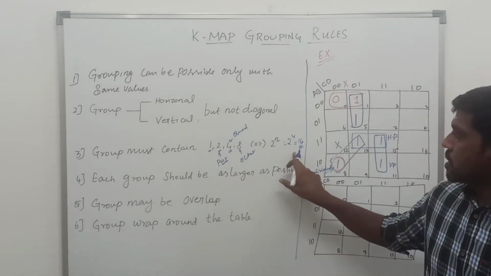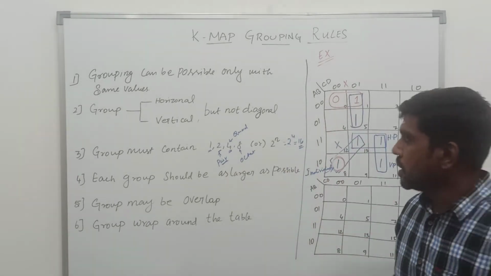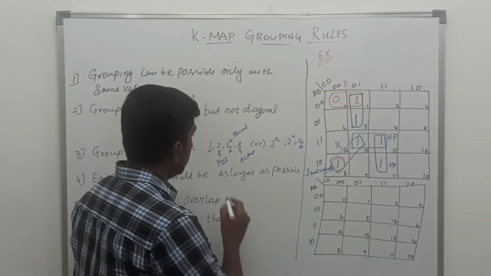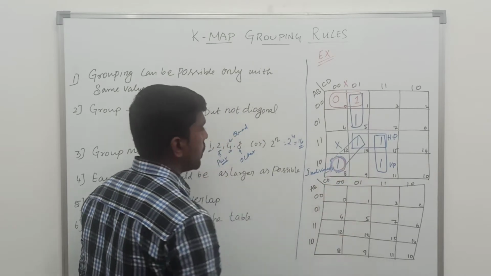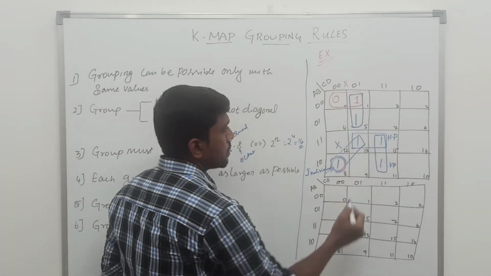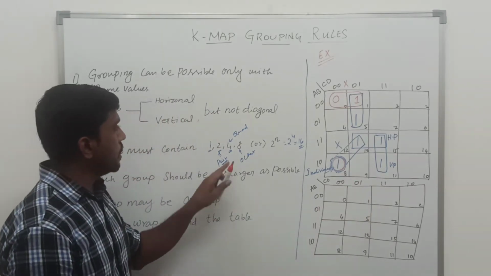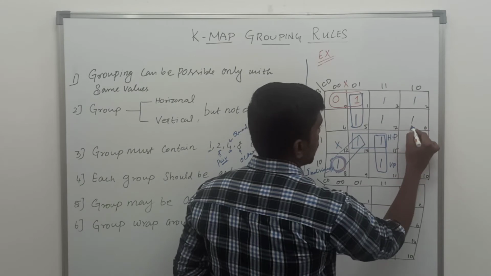Suppose all the cells contain 1, you can take it as a single group. Let us consider. So this one is an individual group, already I told. Then 2. So 2 is a horizontal pair or vertical pair. The next one, 4. The values are considered like this.